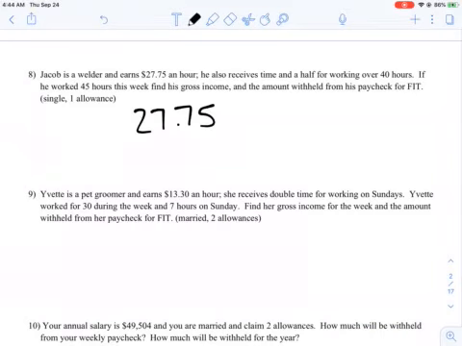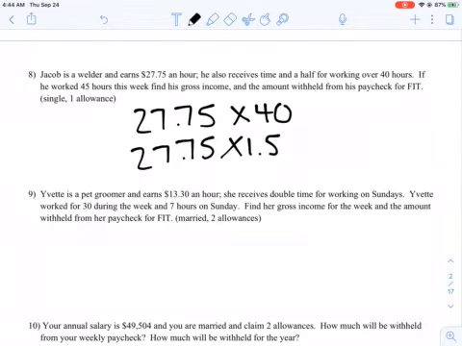And he receives time and a half for anything that he works over 40. So if in this week he works 45, that would mean he'd have 40 regular, 5 overtime. We need to figure out what his income is, and then use the charts to figure out what his federal income tax or his FIT is.